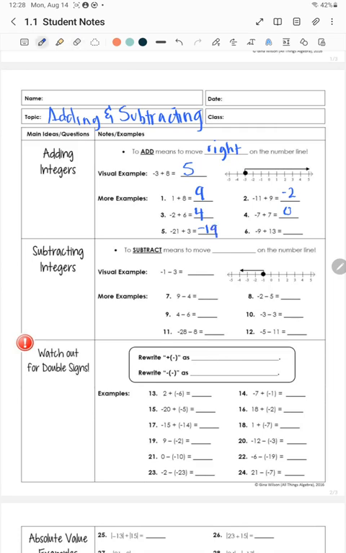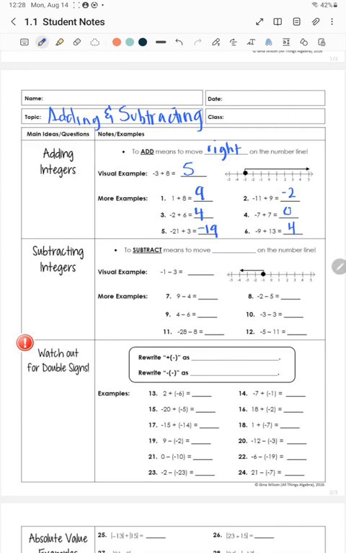And if we started at negative 9 and moved over to the right plus 13 steps, we would end up at 4. That's not right. Sorry. No, that is right. I apologize.